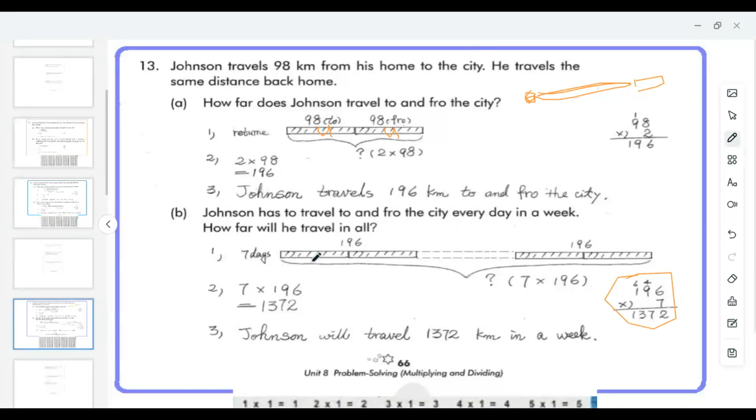Then now, it's 7 times a day. Yeah, 7 times every day. So he gets 7 times 196. It equals 1,372. Get it? Did you get the meaning?